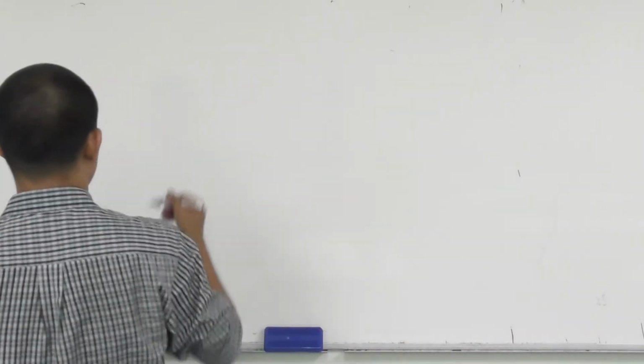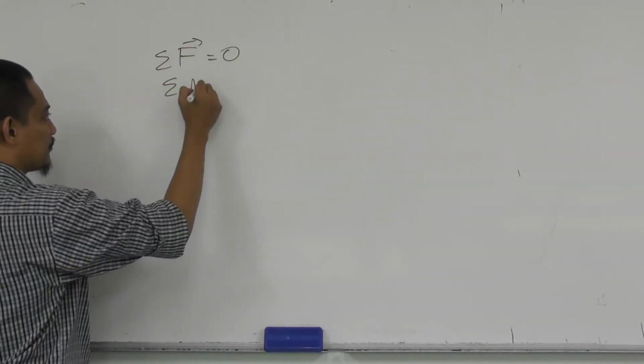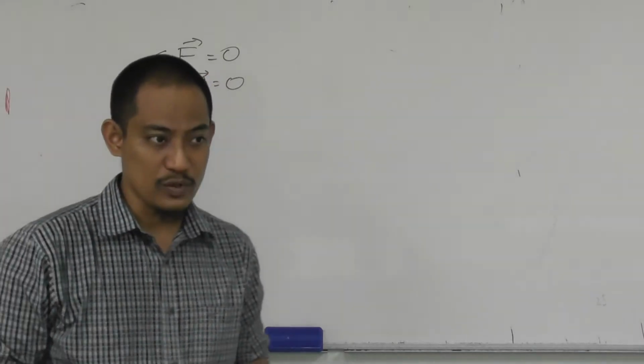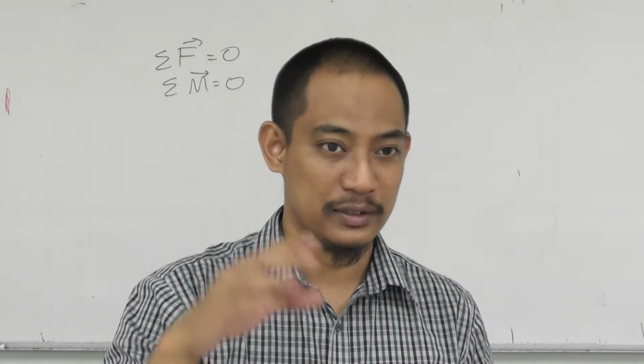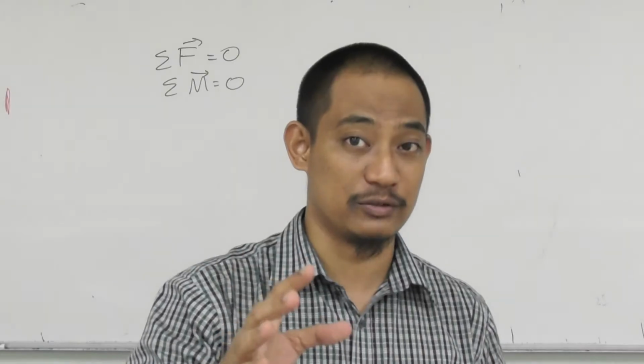So, this relates to the concept of equilibrium. In equilibrium, you have two things that you have to satisfy. One is summation of all forces equal to 0, and then summation of all moments equal to 0. Or in scalar terms, if you are still covering 2D, summation of Fx equal to 0, summation of Fy equal to 0, and summation of moment equal to 0.